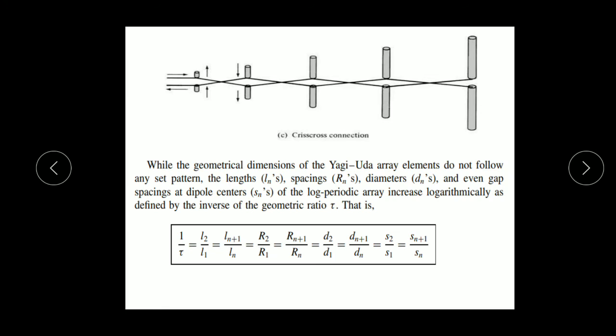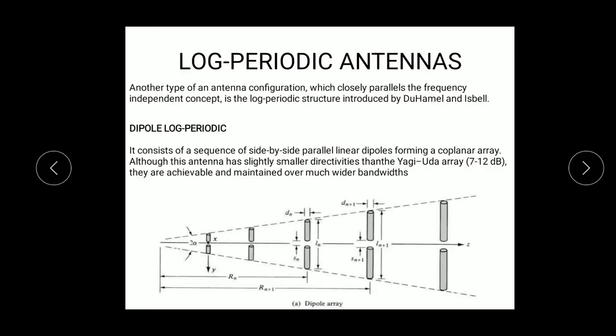According to the geometry ratio tau, it is L2 divided by L1, Ln plus 1 divided by Ln, R2 by R1, Rn plus 1 divided by Rn, D2 by D1, Dn plus 1 by Dn. So all the parameters increase logarithmically.